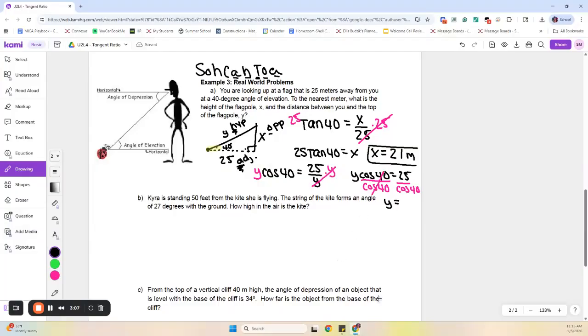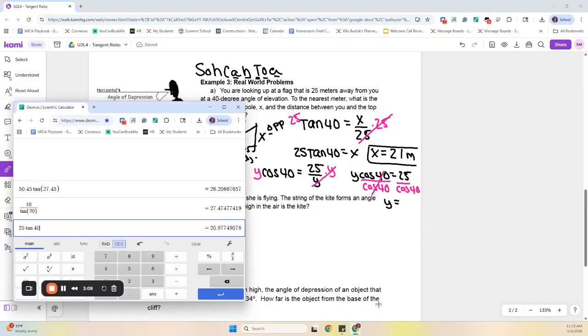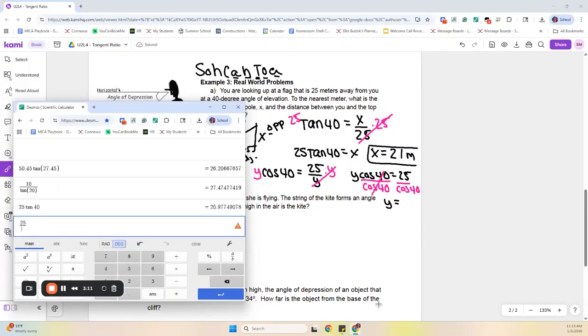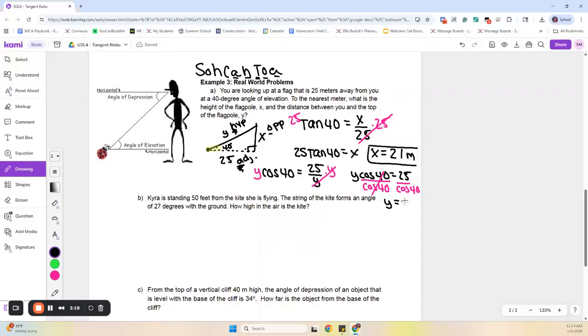So let's see. 25 divided by cos 40 is about 32.6. So 32.6 degrees. Or not degrees. Oh my goodness. Not a degree. I'm going to fix that. So 32.6 meters since it's the side length.